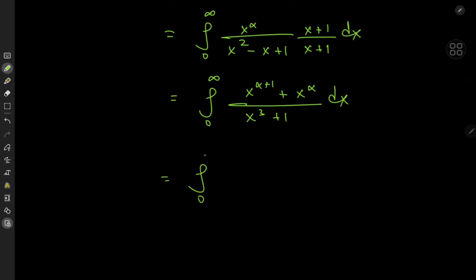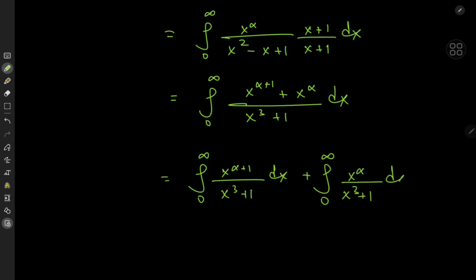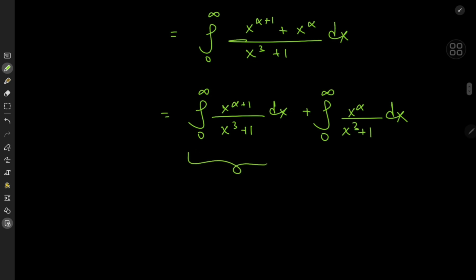So we have the integral from 0 to infinity of x to the alpha plus 1 divided by x cubed plus 1 dx, plus another integral from 0 to infinity of x to the alpha divided by x cubed plus 1 dx. So we're going to call this one here I sub 1, and this one's going to be called I sub 2.